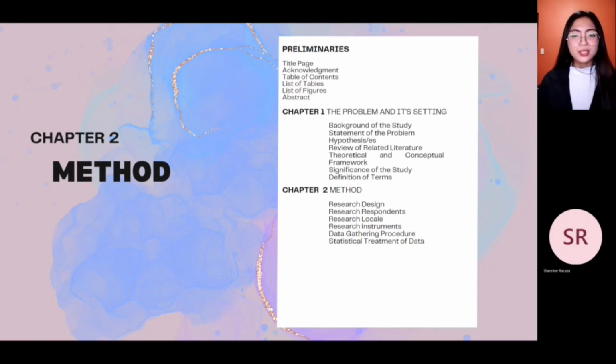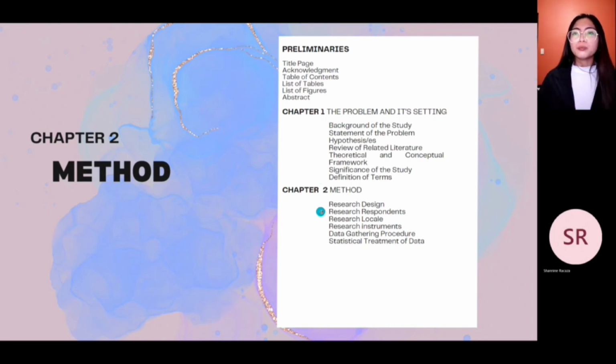So what is a research design? Okay. A research design is all about establishing a cause and effect relationship with your variables. It is like a true experiment wherein you're going to investigate the characteristics or a trend depending on your study.